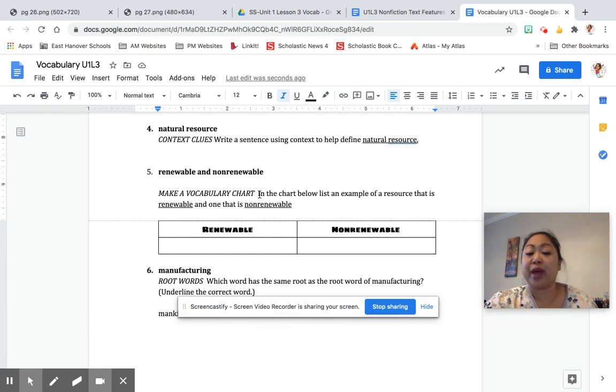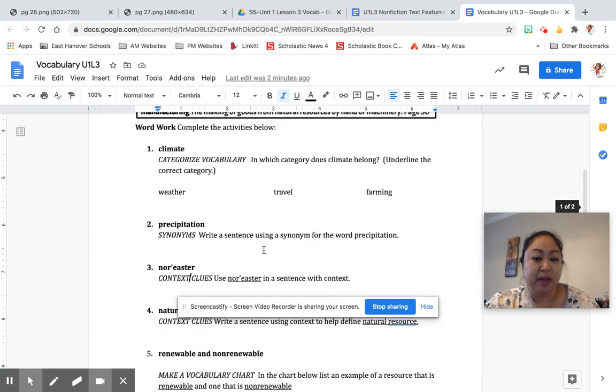You have to make a little vocabulary chart. Actually, you just have to fill it in with an example of a resource that's renewable and one that is non-renewable. And again, if you want to wait until you read the pages that it's on, then that might help you, right?